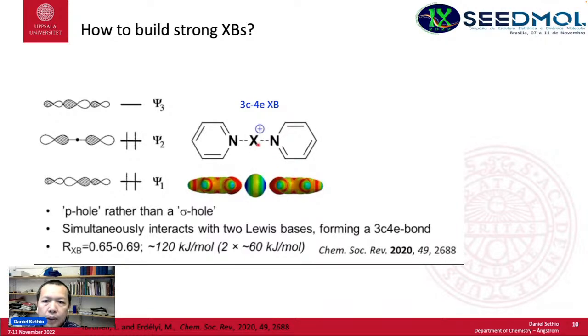This halogen can interact with two Lewis bases, forming a three-center four-electron bond. It typically has a pi hole rather than a sigma hole.